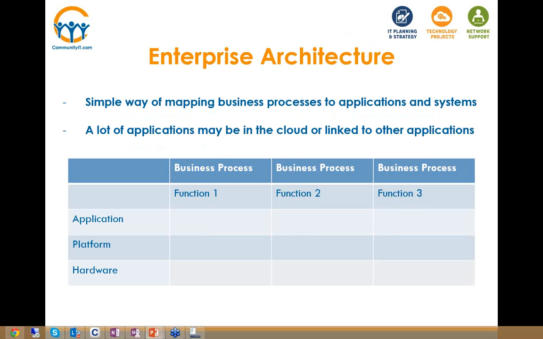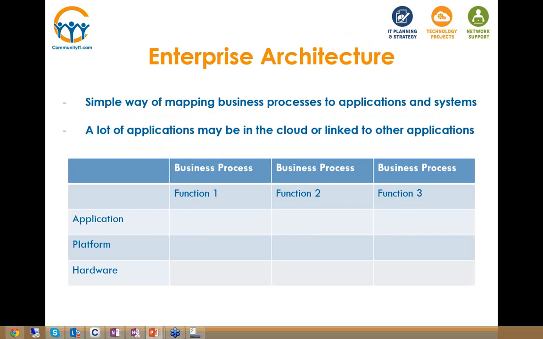So it's also a good way to approach assessment, looking first at the business process so that you can move away from that technology view first. This helps you to ask those questions: what's important to our organization, what business processes do we have, and then looking at the technology that supports them.